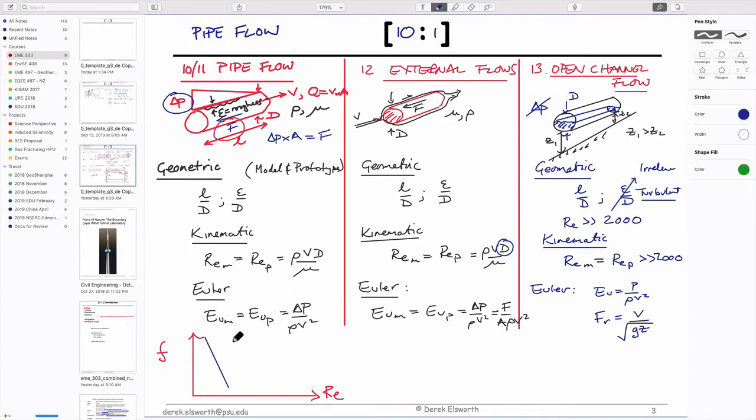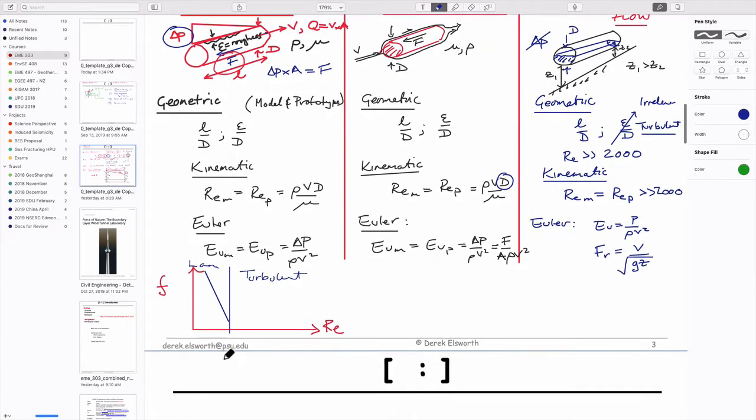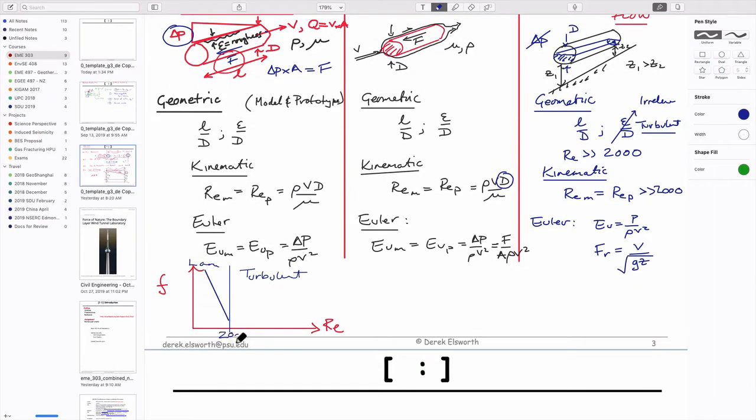In the laminar regime, and laminar here, this number here is something like 2000, Reynolds number of 2000, we get a very specific kind of flow.